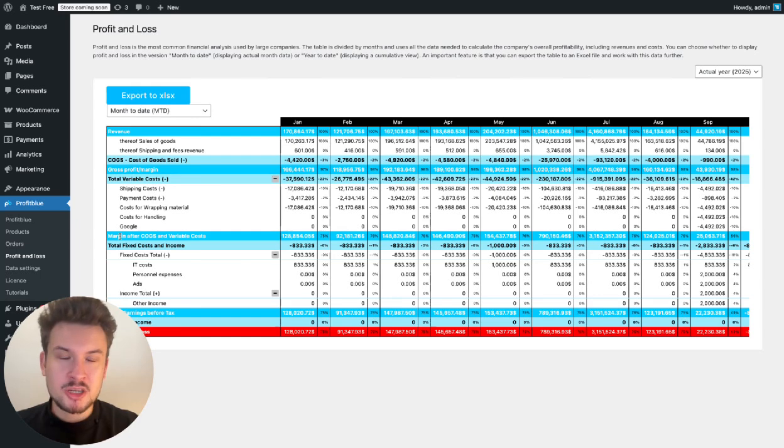Then we have the margin after COGS and variable cost. This is the margin that you get after the COGS and variable cost. It's basically the revenue decreased by COGS and decreased by variable cost.